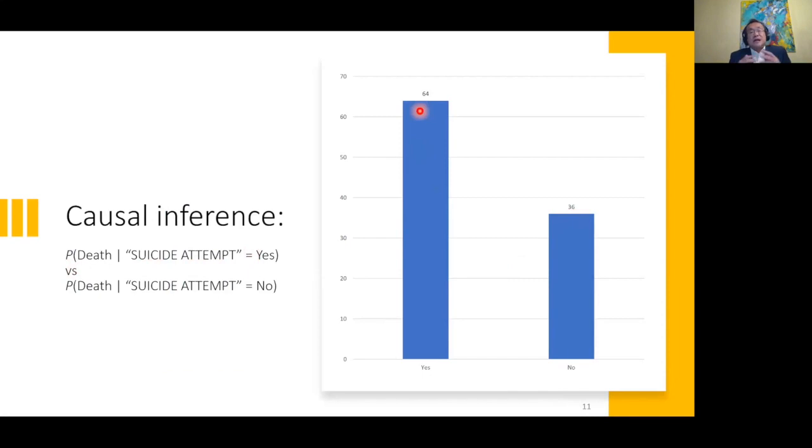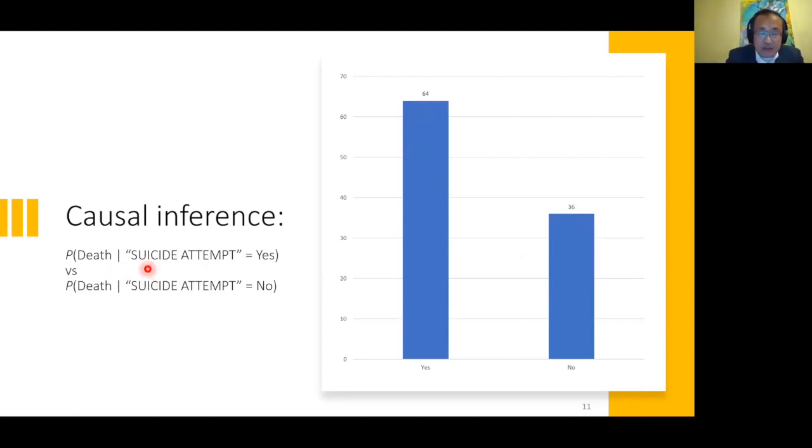So this is a very strong indication that suicide attempt is one of the causes, at least one of the causes, of the clinical outcome of death. So we tried to verify this discovery.